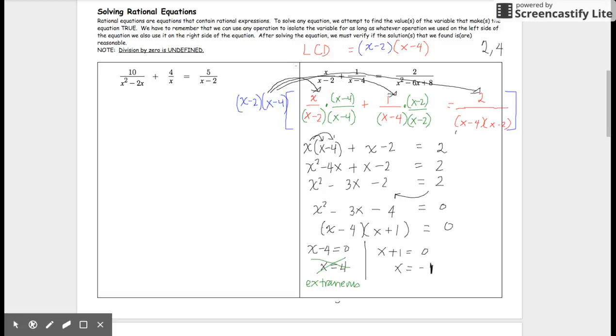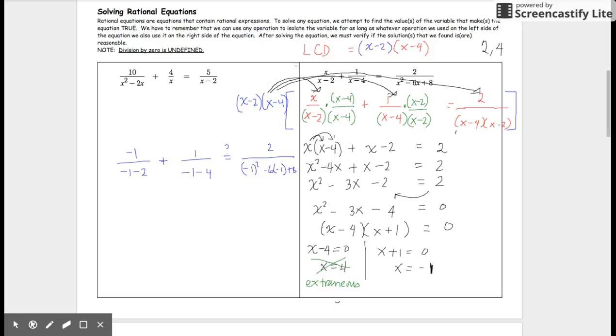Okay, now -1 is not a zero of the denominator. So let's check if it works. I'm going to show the checking here. We'll have -1 over -1 minus 2. So we're just plugging in. Plus 1 over -1 minus 4. Is it equal to 2 over -1 squared minus 6 times -1 plus 8?